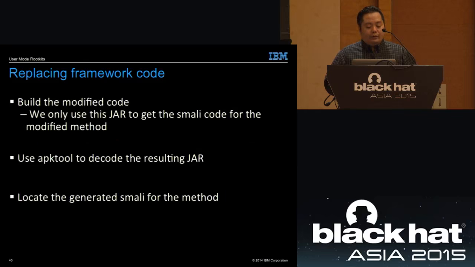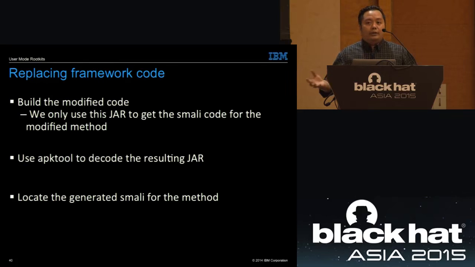Okay, after we have done the modification, we have to build the modified code, not because we are going to use this modified framework.jar as the source for dex2oat, but because we need to get the smali code, or the bytecode, for this. We can't use this as the source for dex2oat because the version that you compiled may have some incompatibility problems with the other jar files installed on your device.